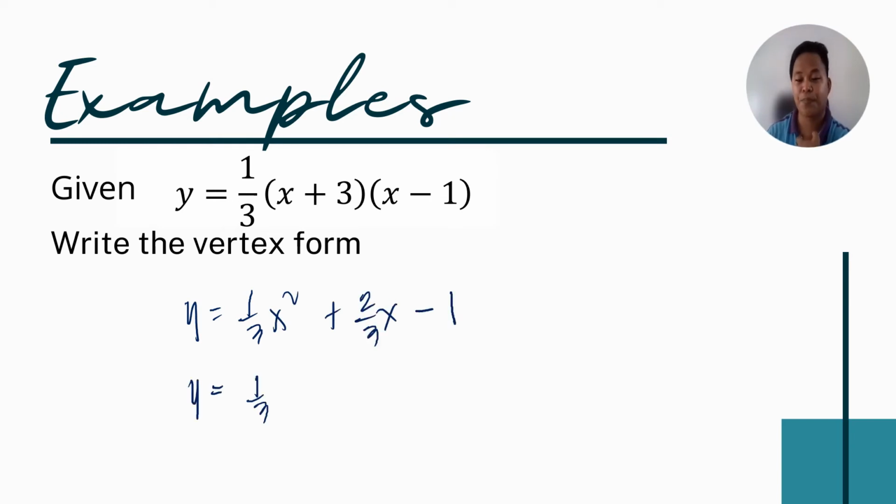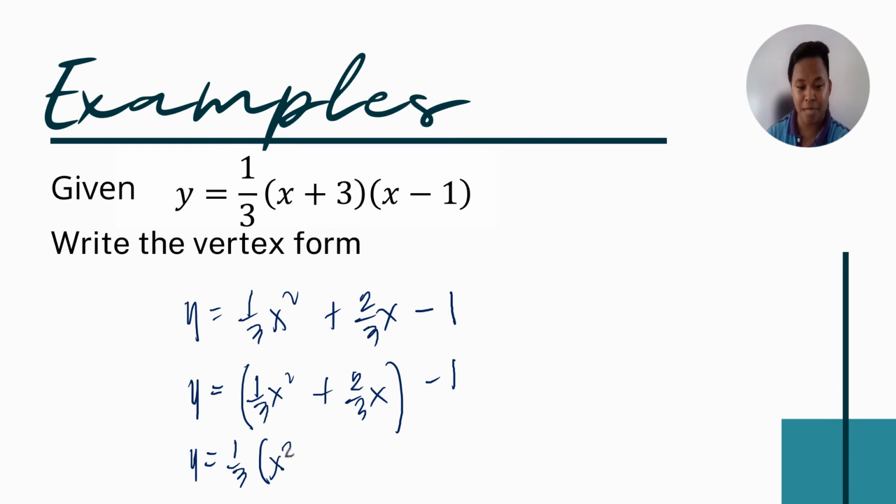We are to separate the terms with x from the constant. 1/3 x squared plus 2/3 x minus 1. Then we're going to write the value of a before the parentheses, 1/3. And we're going to factor po the terms inside the parentheses.